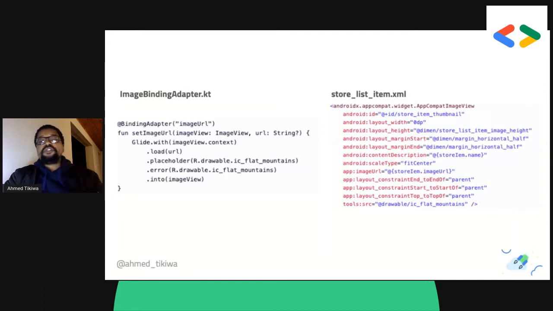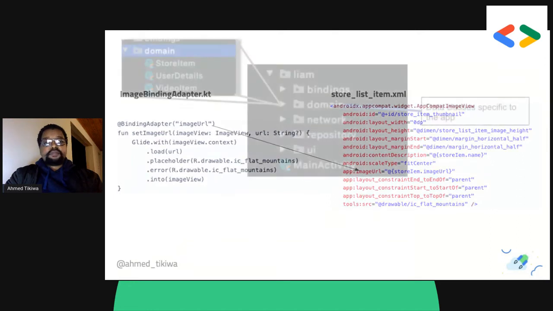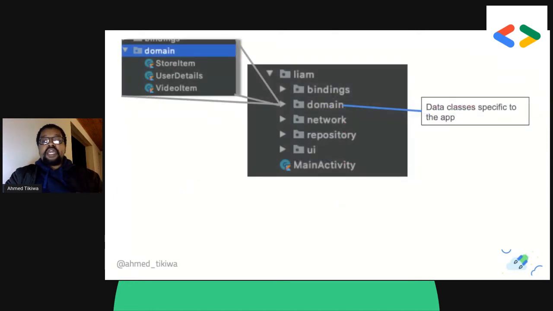For example, in store list item, this is how I reference that image binding adapter. As you can see, app colon image URL, which then calls storeItem.imageUrl, a variable that has been passed within this particular view. So this is how I'd reference my binding adapter within my view. It's that simple.